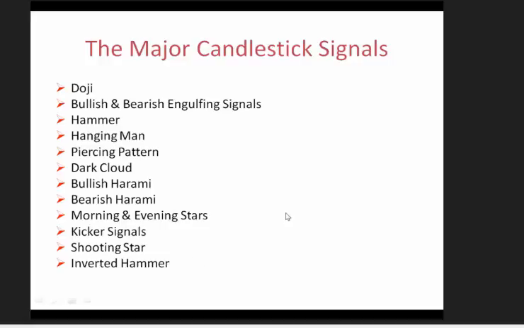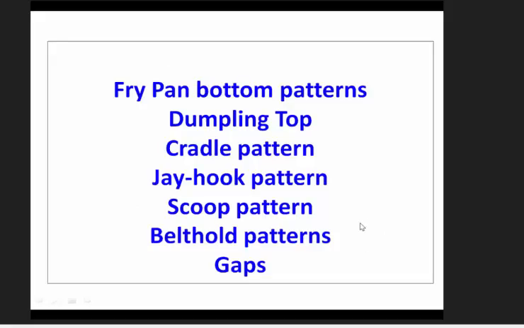And two, because the Japanese rice traders have developed these signals or analyzed these signals over the last 400 years, not only do they show you visually where a reversal is occurring, but they tell you what the psychology is that created those signals. So with that combination, you've got a very powerful grasp of what's happening in a candlestick or in a reversal.